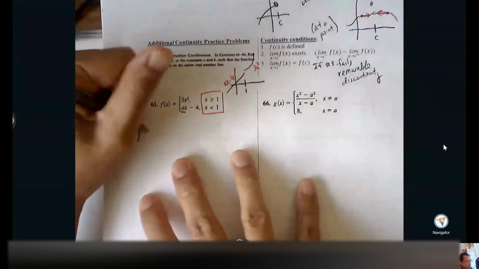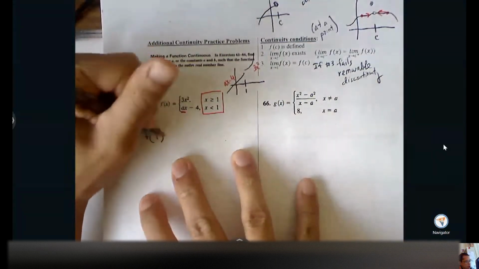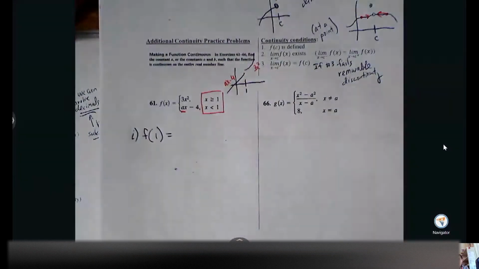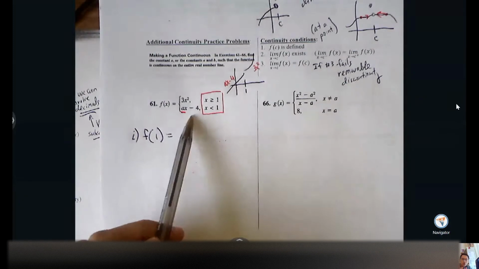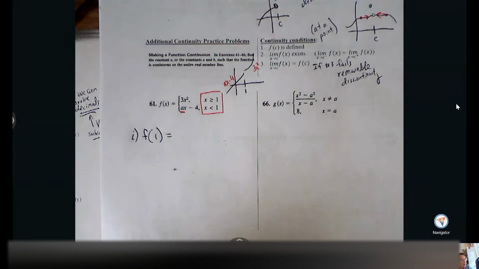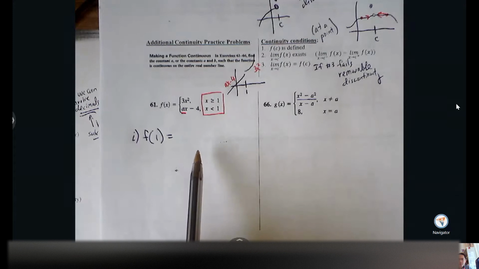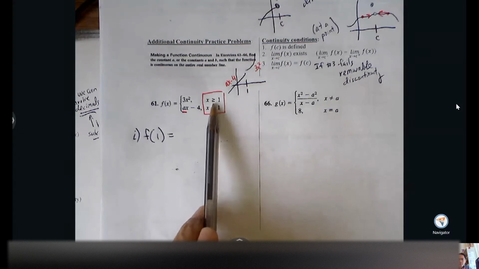Okay. Now, f of 1. Now, we have to figure out what f of 1 is, so we have to still decide which one to plug it into. So do we plug 1 into the ax minus 4, or do we plug 1 into the 3x squared? 3x squared. 3x squared. And why is that? What's telling us to do that? The sign where it's less than or equal to, or greater than or equal.